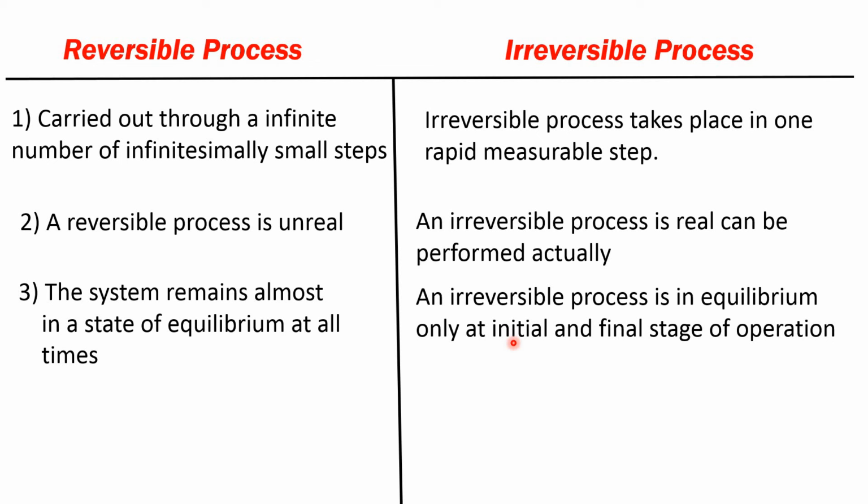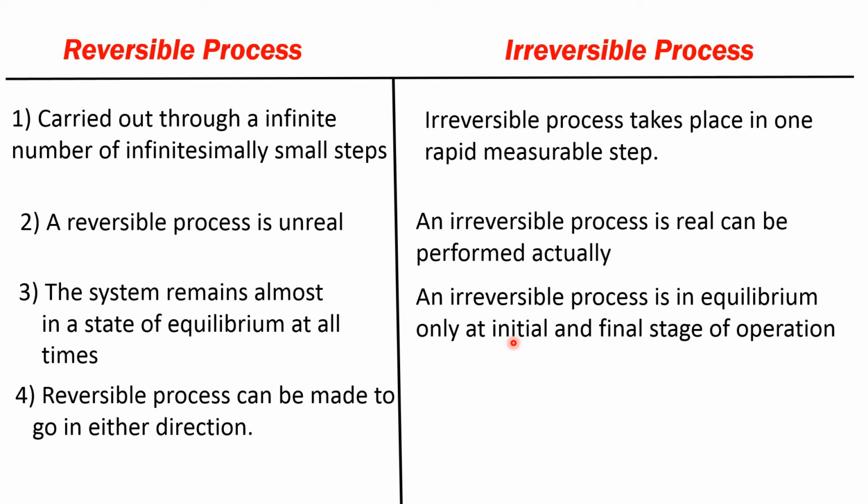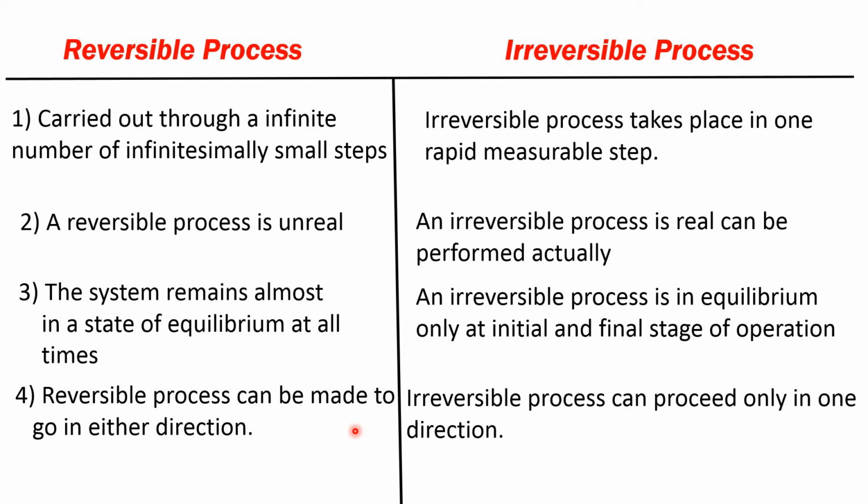So equilibrium is maintained at all times. That is reversible process. Now the fourth point, reversible process can be made to go in either direction, either forward direction, and by making a little change you can make it go in the backward direction. But irreversible process can proceed only in one direction. So these are the comparisons.